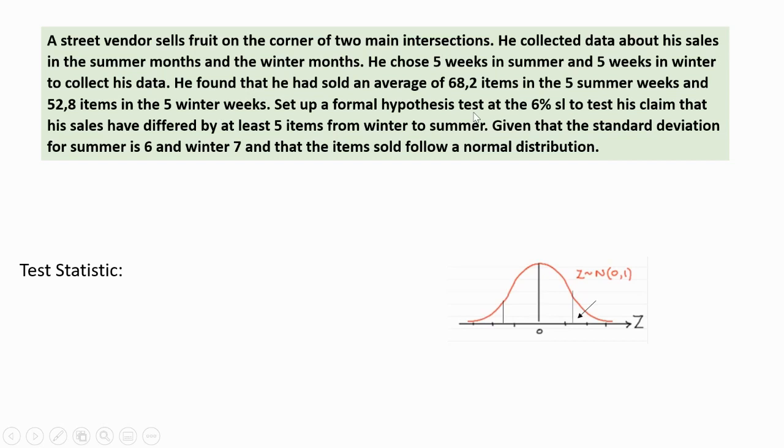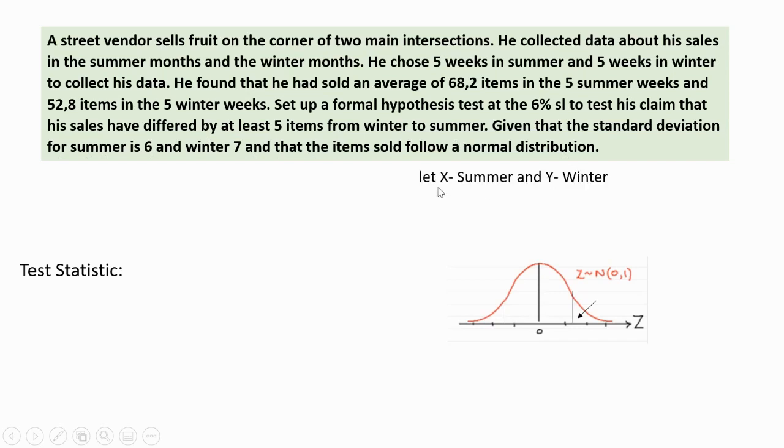Set up a formal hypothesis test at the 6% significance level to test his claim that his sales have differed by at least 5 items from winter to summer, given that the standard deviation is 6 in summer and 7 in winter, and the items sold follow a normal distribution.